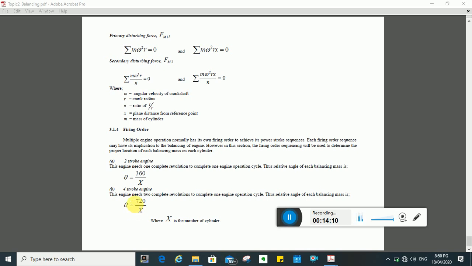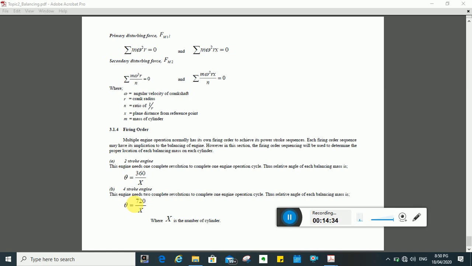So I want to add some information: in case the question gives you a firing order, when you construct a graph, you need to follow the firing order that the question gives. You cannot use 1, 2, 3, 4, 5, 6.